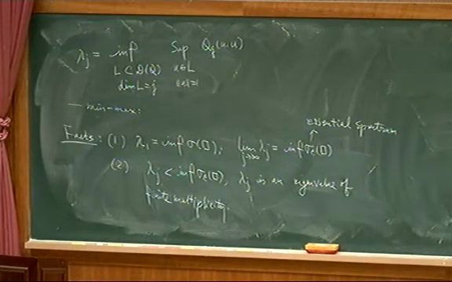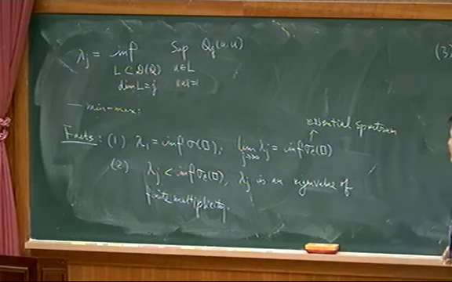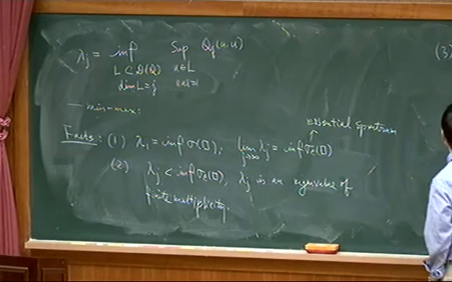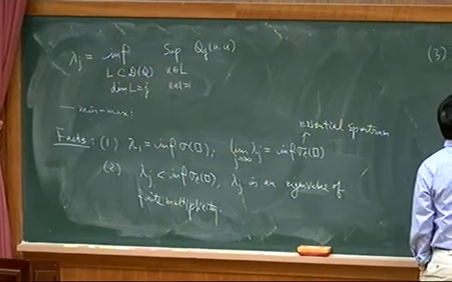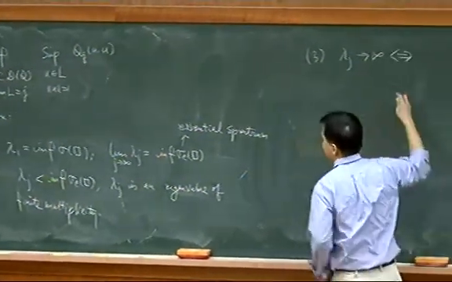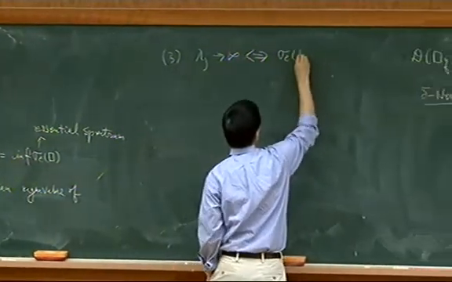A third fact is that this lambda j goes to infinity if and only if the essential spectrum is empty.